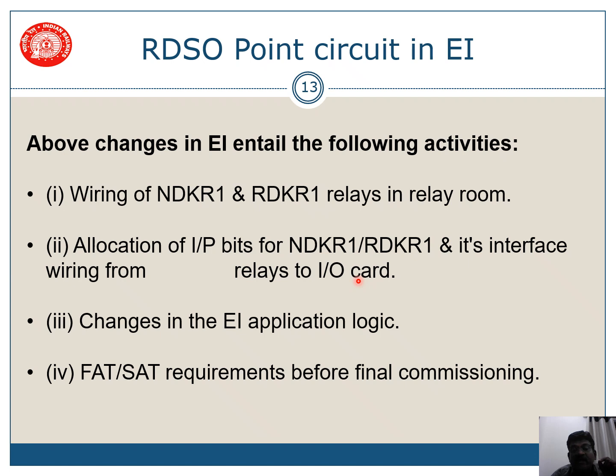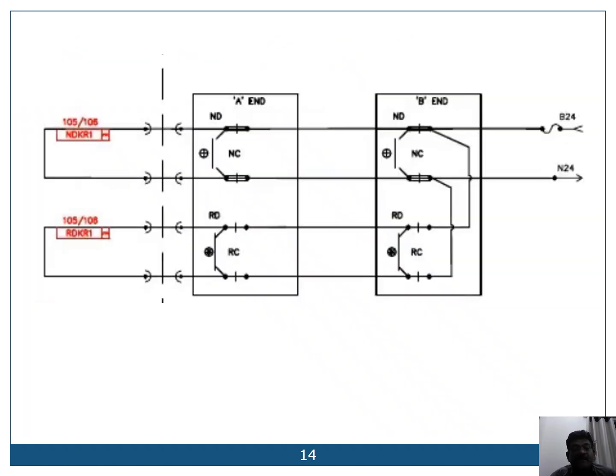So in this way we have to use the input cards for taking the inputs. Similarly, changes in the EI application logic में भी change आएगा, and next FAT setup has to be done and SAT has to be done before final commissioning. Because we have done many changes, FAT and SAT has to be done for any change.